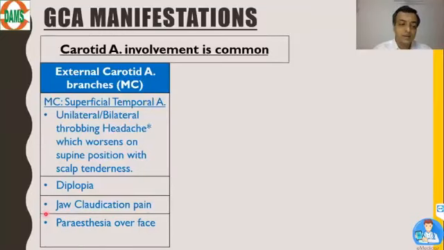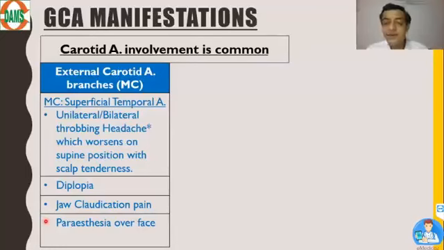And there can also be paresthesia over the face, over the fifth cranial nerve, the trigeminal nerve distribution.